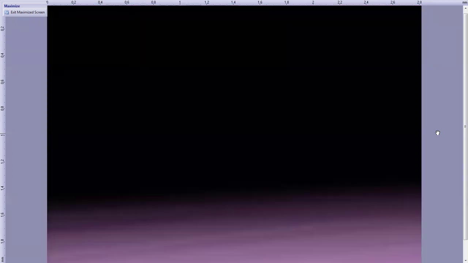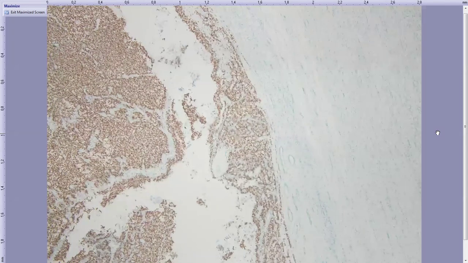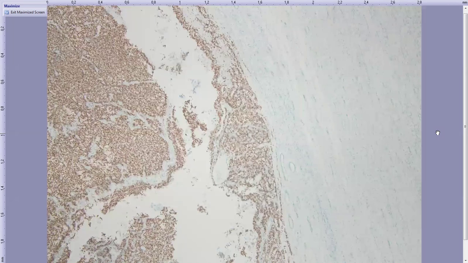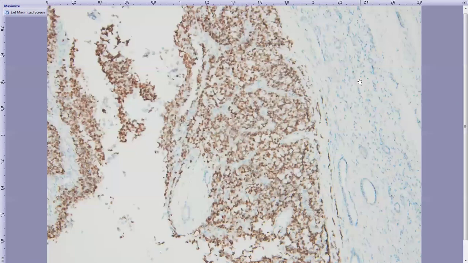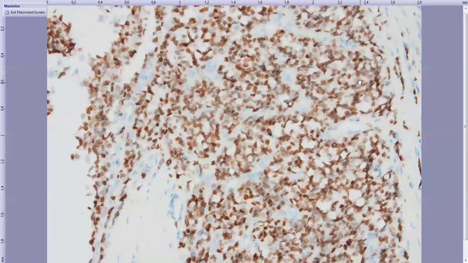On immunohistochemistry, I'm going to show you only two. The first one is NKX2.2. And here it's easy to see that the non-neoplastic renal parenchyma is negative and the tumor itself is NKX2.2 positive.